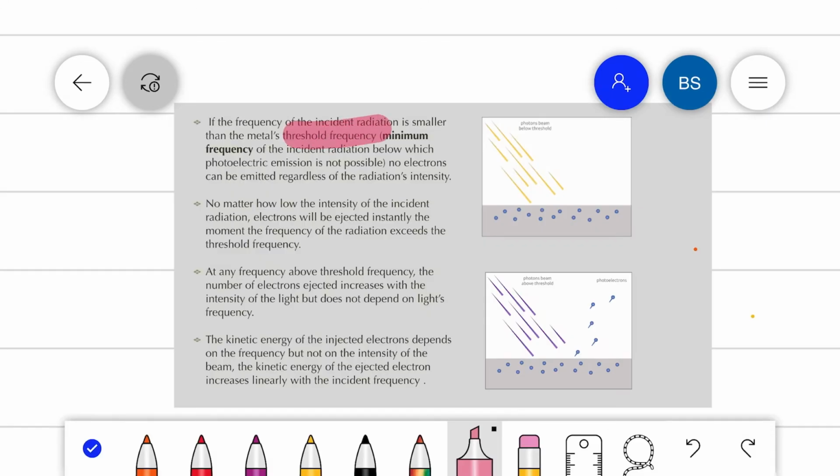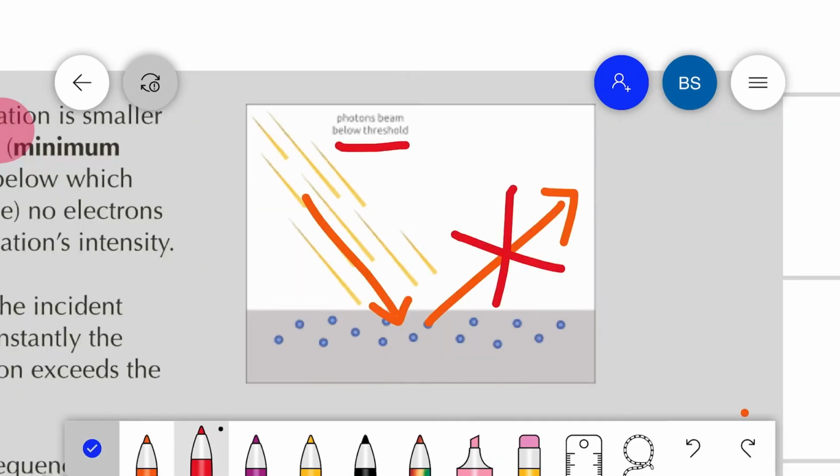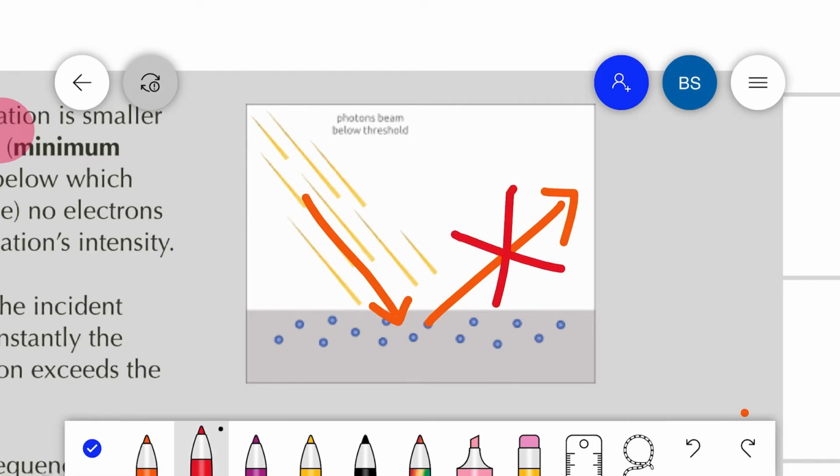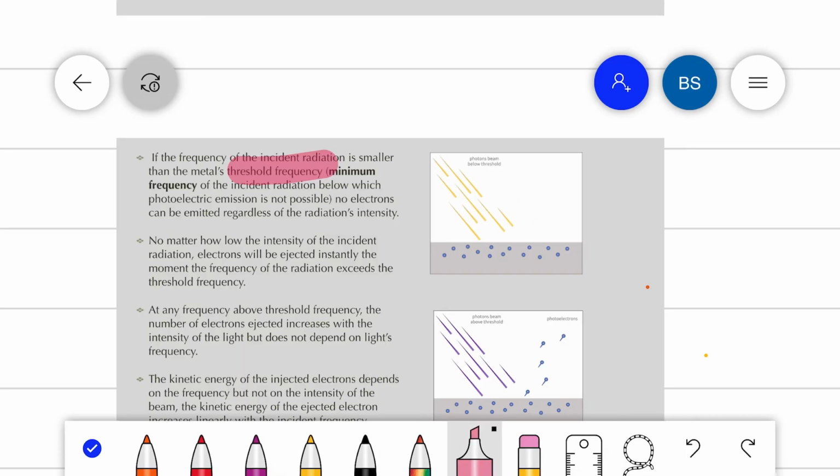So if the photon has a frequency lower than the threshold frequency, no matter what the intensity, it cannot eject a single electron from the metal surface. And if the photon has a higher frequency than the threshold frequency, this ejection can happen, and the number of ejected electrons is directly proportional to the intensity of the light.